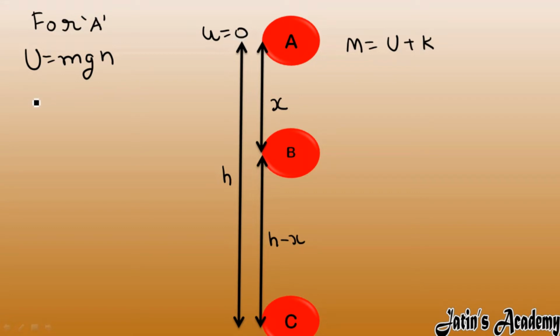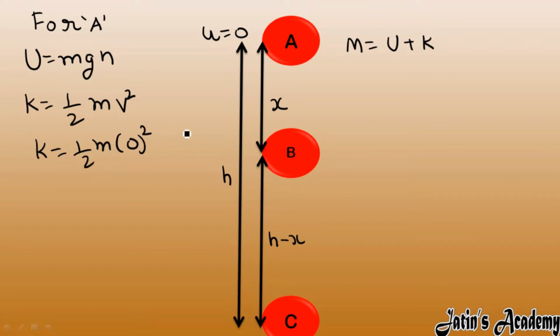Kinetic energy at point A is half mv squared, but since the initial velocity is 0, kinetic energy is 0.